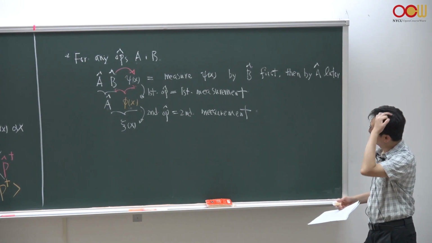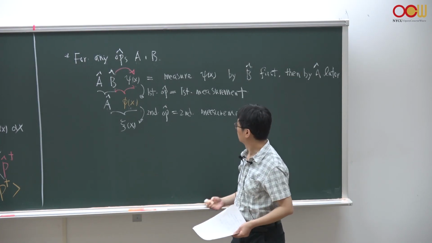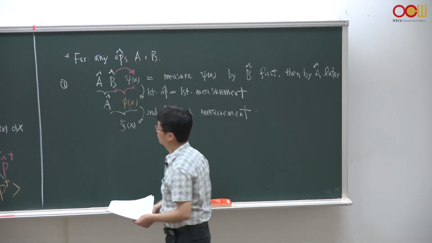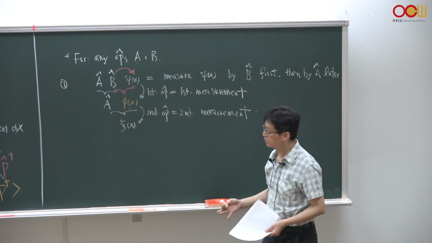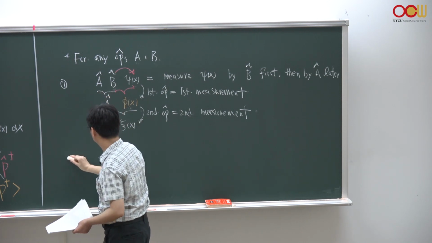We will just discuss this interchange of the ordering between A and B. So this is the first set of successive measurements, which is done first by B and then by A later.